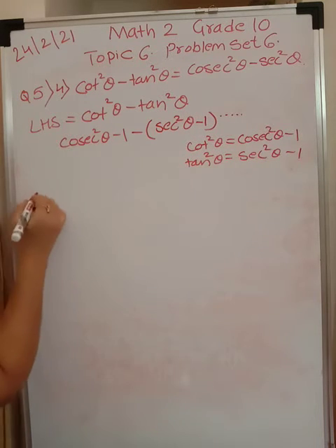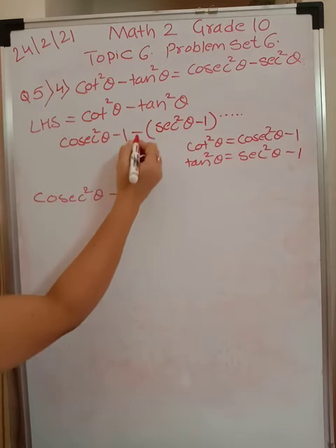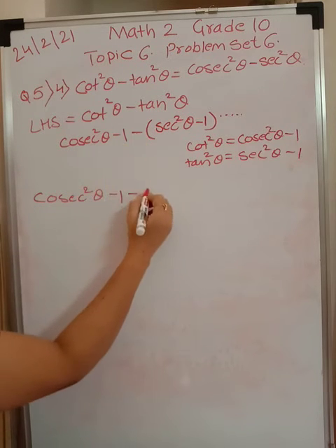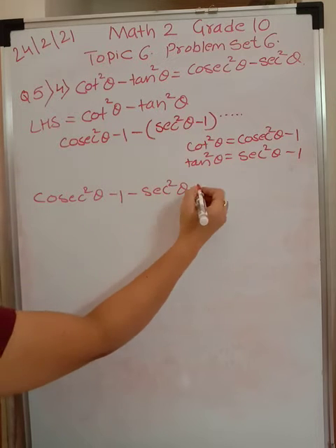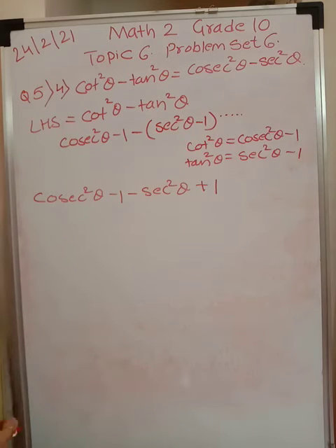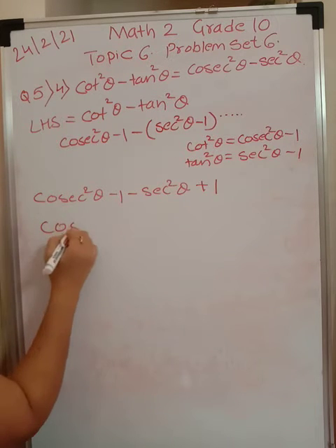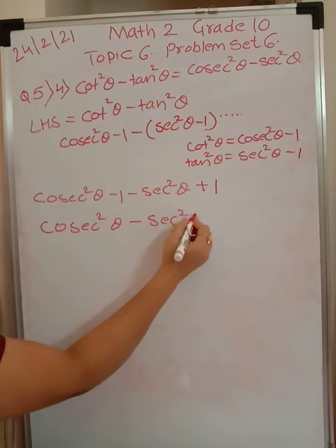Now just open the bracket. What you get? Cosec square theta minus 1 minus into plus is minus sec square theta, minus into this minus will be plus 1. Now see, 1 minus 1 is 0. So we are left with cosec square theta minus sec square theta.